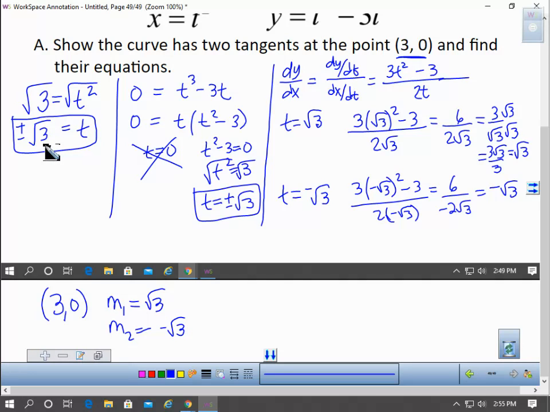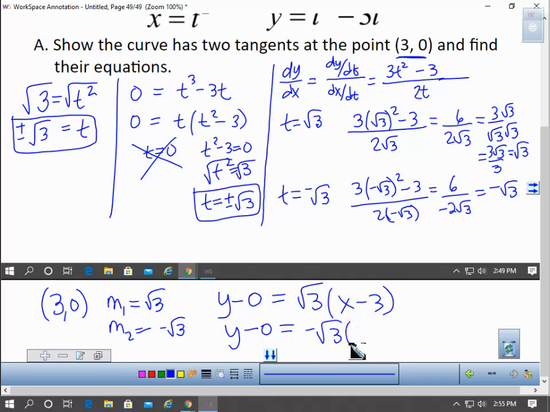Don't think that. If that was it, then I would have stopped there. It's not. It just turned out, the math turned out that way. So one of my equations is y minus 0 equals radical 3 times (x minus 3). And the other one is y minus 0 equals negative radical 3 times (x minus 3). Just putting my point in my two slopes. So here's my two answers.